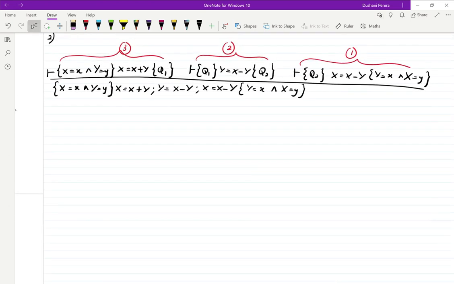So let's first choose the first one. So I have Q2, y equals x and x equals y.